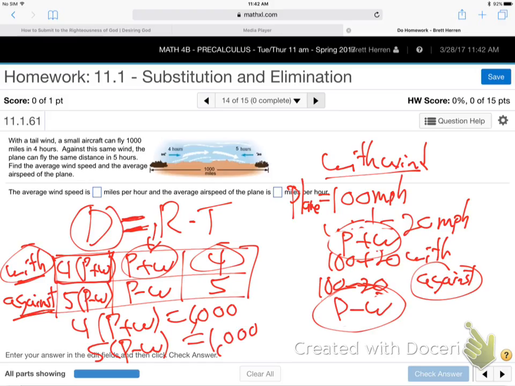They're both equal to 1,000, because the return trip is the same distance. So that's 2 equations, 2 letters. Then you just solve those 2 equations. You distribute the 4 and the 5. I'd probably do the addition method, or you type it in your graphing calculator.